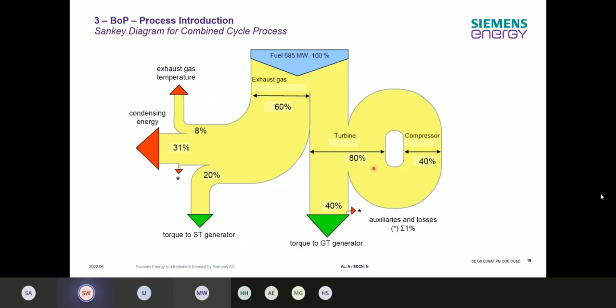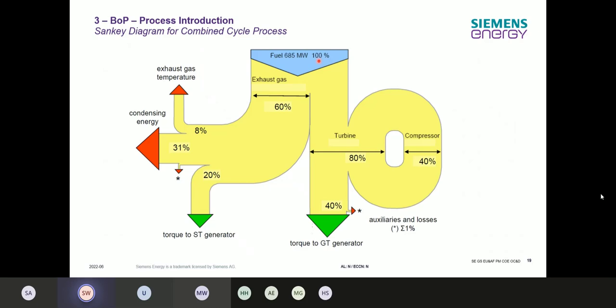So we have here the Sankey diagram for combined cycle. Over here, we have our fuel amount. In this example, it's for 680 megawatt, so 100% fuel. So it's a baseload unit with 685 megawatt.